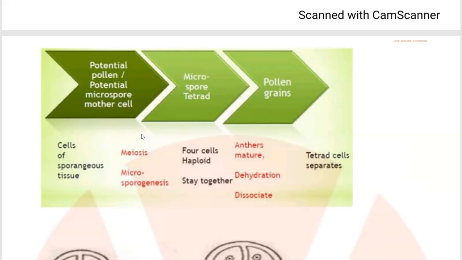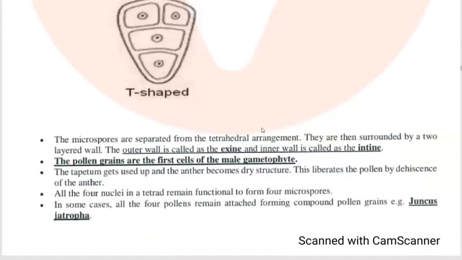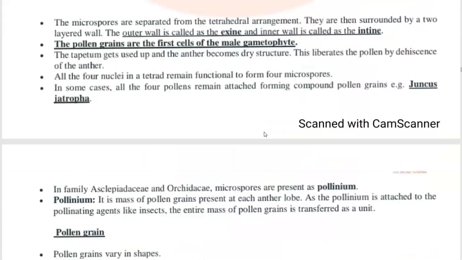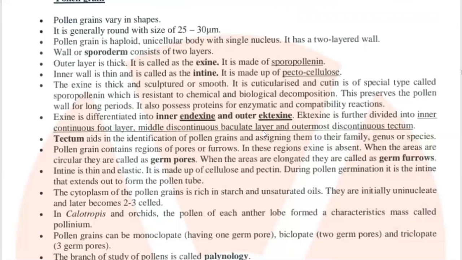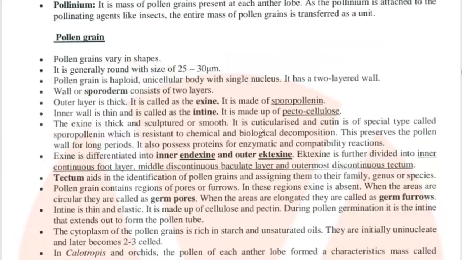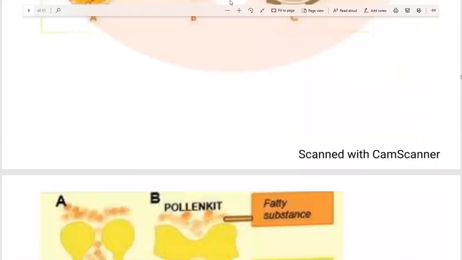While the anther matures and dehydration occurs, the tetrad cells separate. These are different shapes. Microspores are separated from the tetrahedral arrangement. Then this is the basic general information about pollen grain. Pollen grains vary in shape, etc.